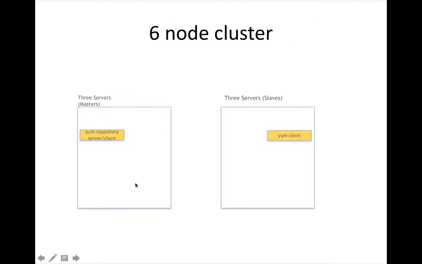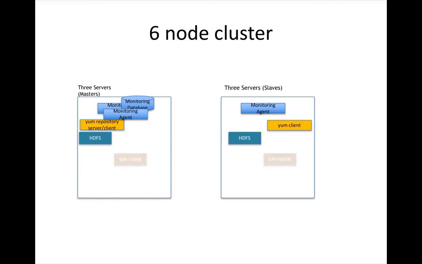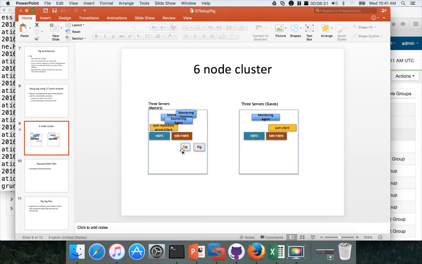Okay, and so this is the architecture which we followed. First we set up yum, then the monitoring server such as Cloudera Manager, along with the monitoring database, and then monitoring agents on all the nodes in the cluster. We set up HDFS, then Yarn with MapReduce. Tez is not relevant for Cloudera distribution.